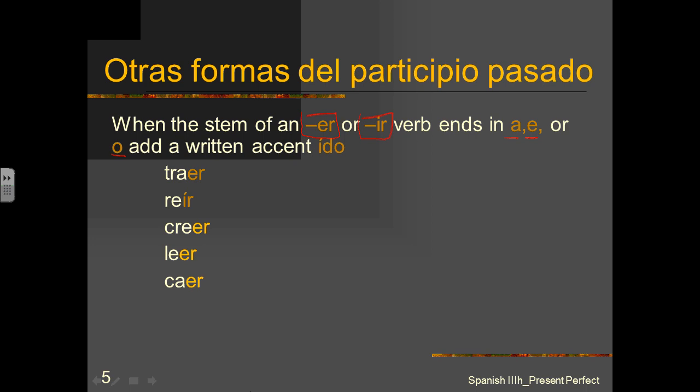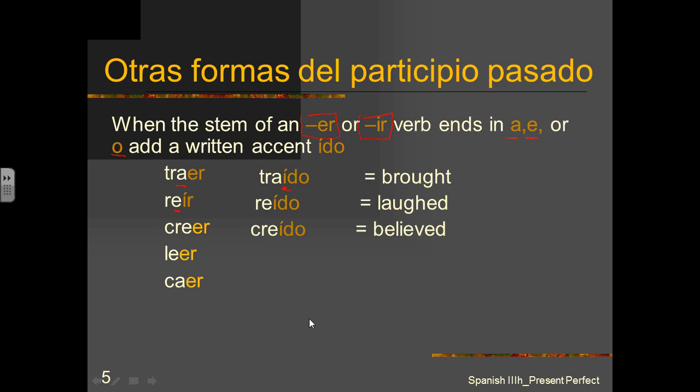Okay, write these down. And caer, all of them in their stem have the A or the E, okay? Or an O. Don't have an O one here, but or an O. When you add the ending, you have to have an accent mark over the I. Creído, leído, caído.